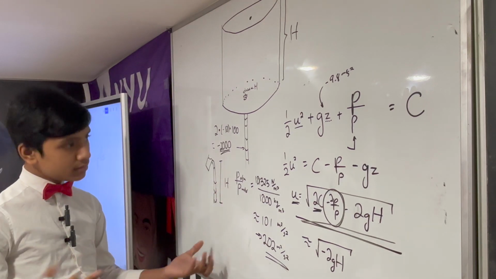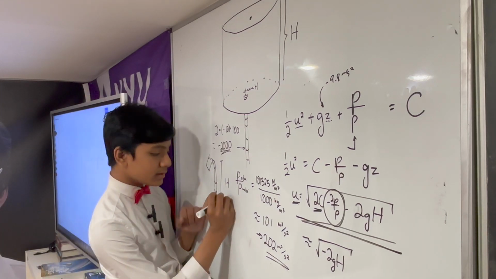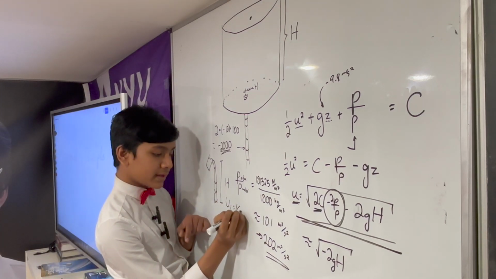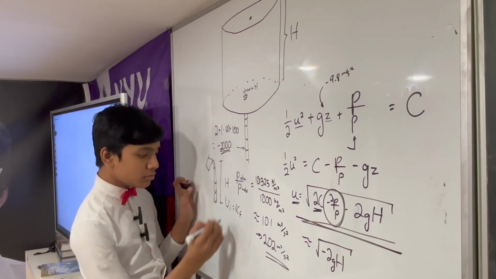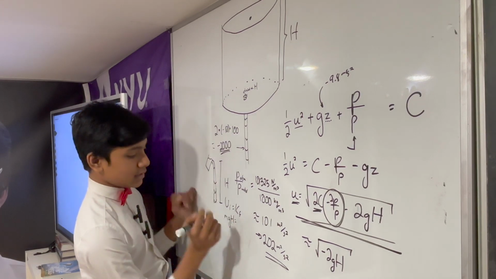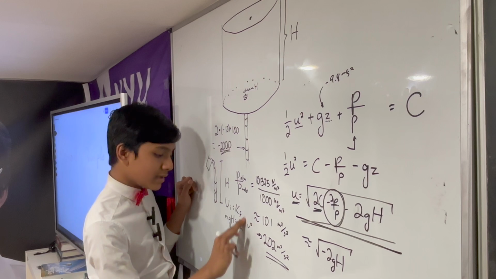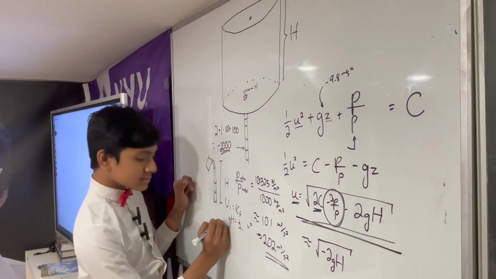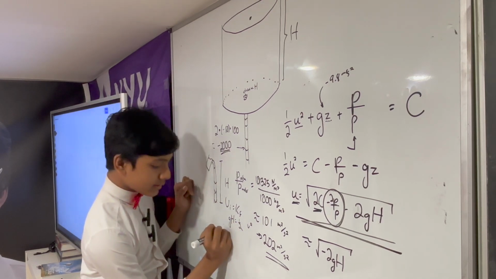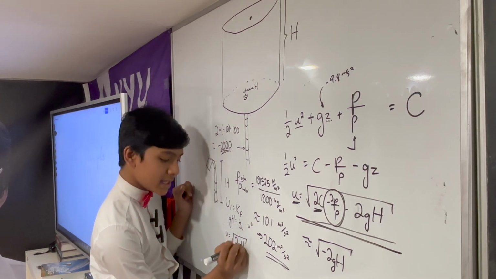Well, conservation of energy: the initial potential is equal to the final kinetic energy. So you get mg big H is equal to half mu squared. Cancel out the m on both sides, and you get that u is equal to the square root of 2gh.